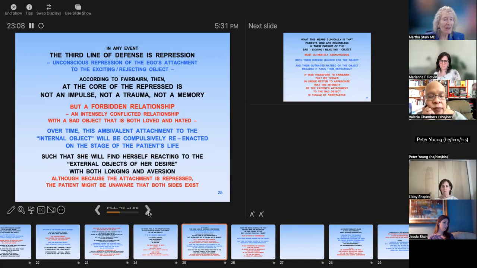Over time, this ambivalent attachment to the internal object will be compulsively reenacted on the stage of the patient's life, such that she will find herself reacting to the external objects of her desire with both longing and aversion. Although because the attachment is repressed, the patient might be unaware that both sides exist.